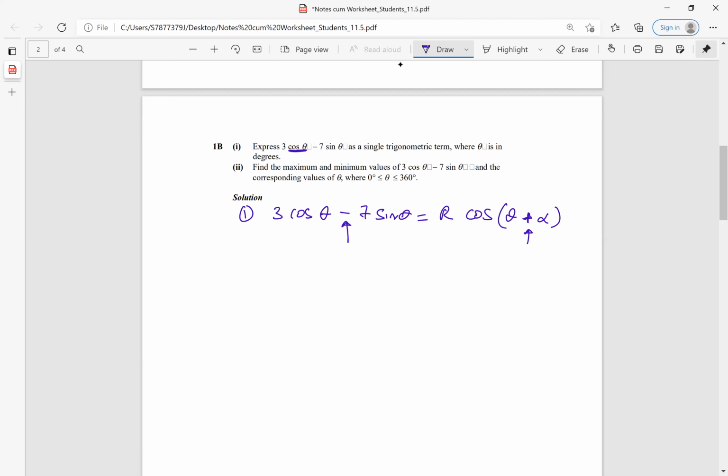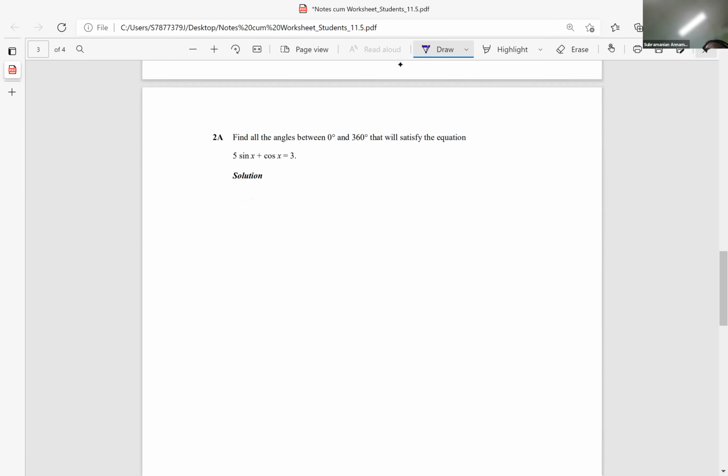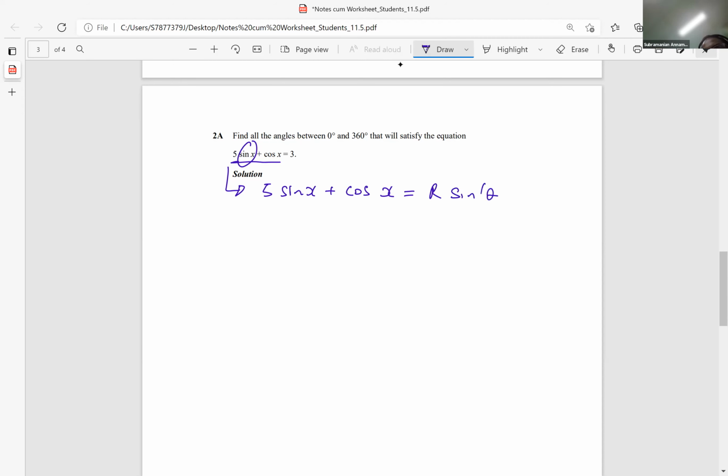Okay, let's do another one. Look at this. You got this one, correct? What is the first thing that you see here? Sine, right? So what should this become? 5 sine x plus cosine x is equal to R sine theta.